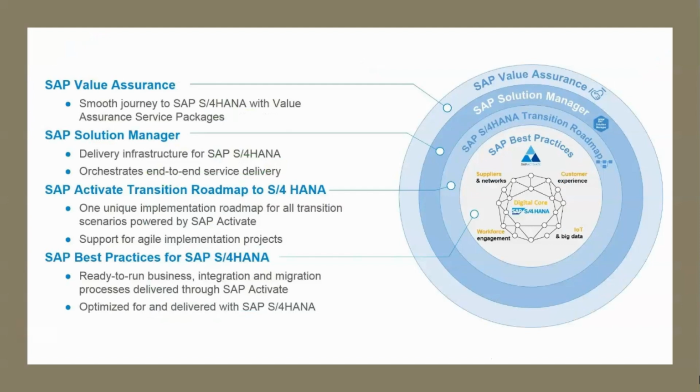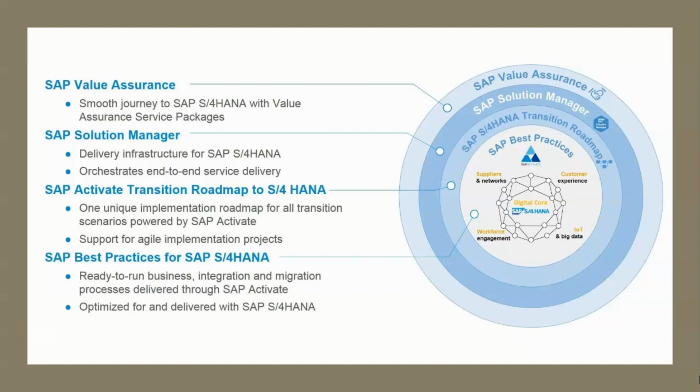Now we've got SAP best practices, S/4HANA transition mapping, SAP Solution Manager, and SAP Value Assurance. These are the terminologies we need to understand, and these are the concepts we are going to use when we are implementing an SAP project. What exactly is SAP Value Assurance? It is a smooth journey to SAP S/4HANA with value assurance service packages, which include a lot of features.